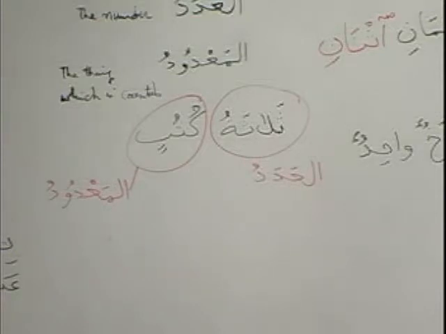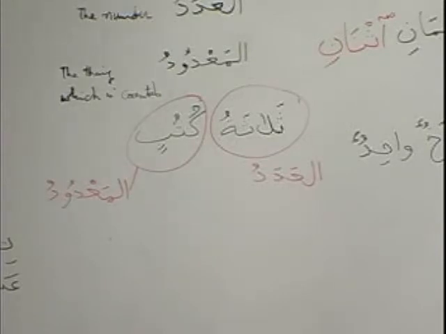Al-adadu wal-ma'dud. Adad, number, and ma'dud is the thing which is being counted. Fine? You got the idea? If you can write down this, it will be nice. Inshallah. And give them a circle so that you understand adad and ma'dud.